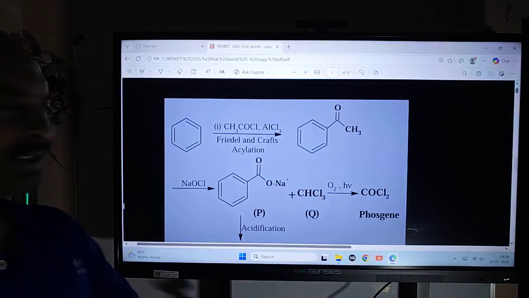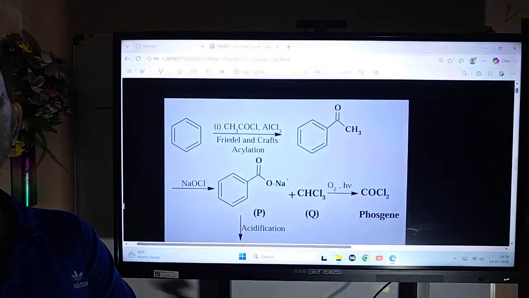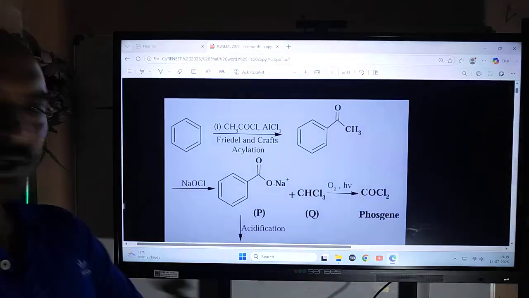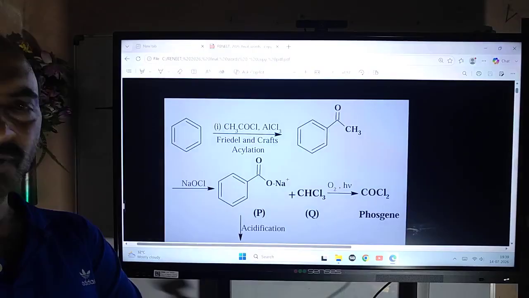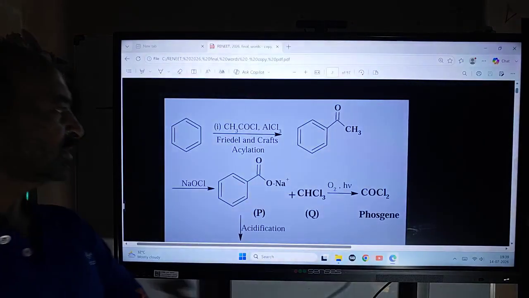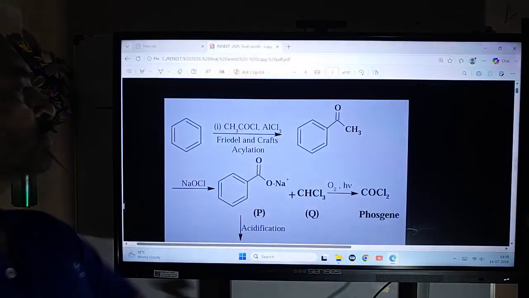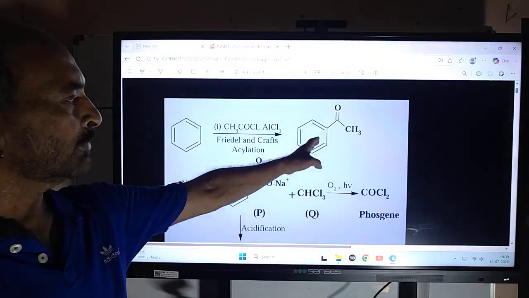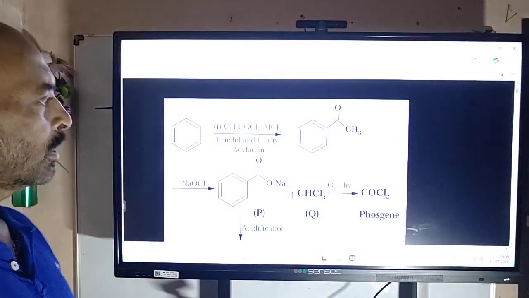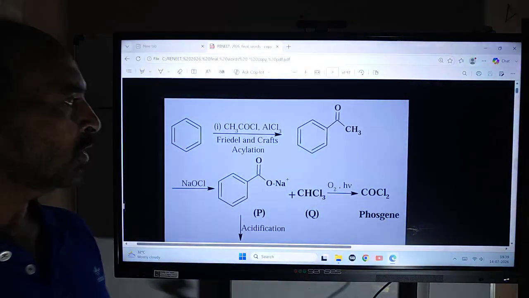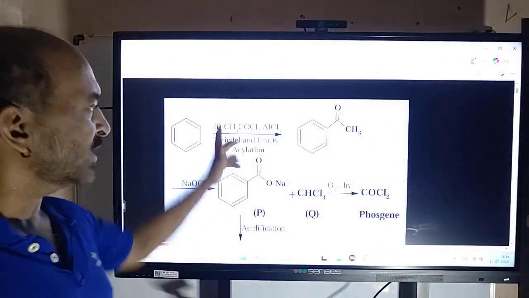An acyl group, COR, is introduced onto the benzene ring from RCOCl. Here it is particularly CH3COCl, so the introduced group is CH3CO. So we have this product, an aromatic ketone known as acetophenone, or methyl phenyl ketone, or phenylethanone. That's the first reaction.